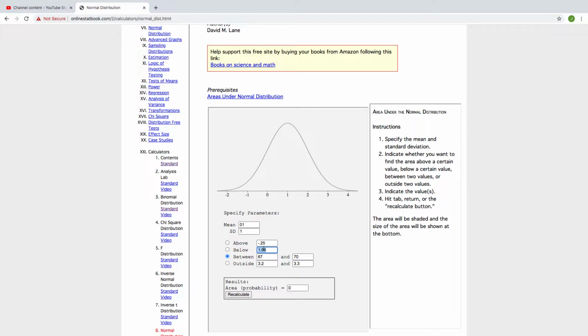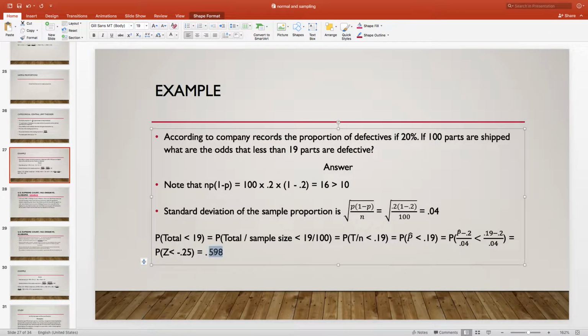We're going to get 10.5%. And those are the odds that less than 19 parts are defective: 10.5%. So that's not great for this company.